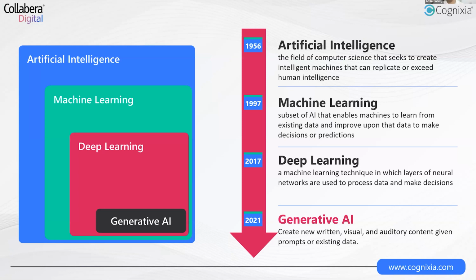Technically, if you have to locate generative AI somewhere in this map, the best option would be to locate it within the space of deep learning. You can think of the set of techniques used in generative AI as a different set of variants of deep learning algorithms.